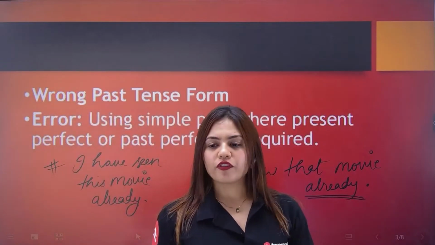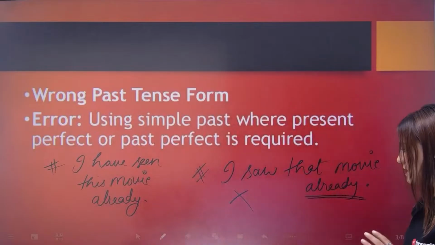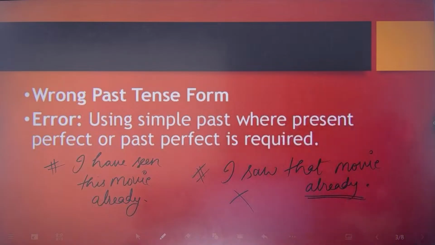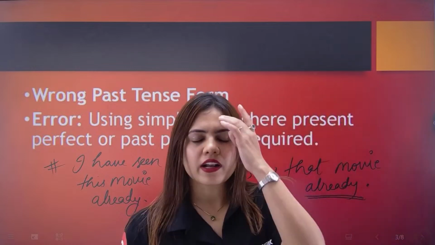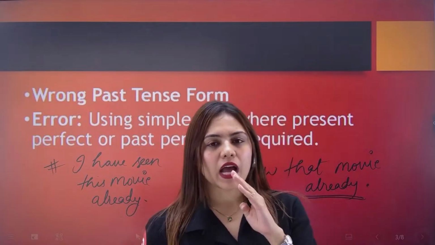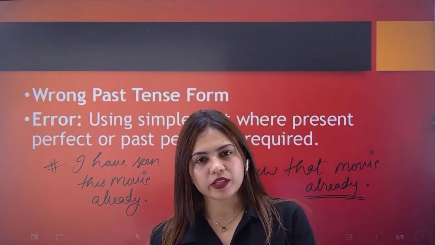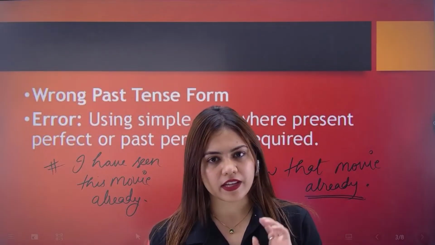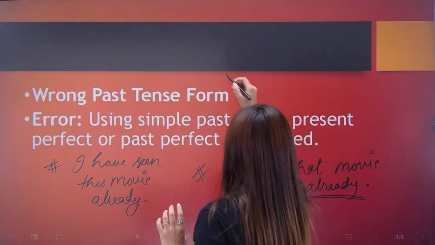Always be careful of time expressions. I hope you can see this. Otherwise, I'll use a different color. Yes. Another example could be she left before I arrived. Always remember that if there are two actions happening and one action is happening before the other, the first action would always be in past perfect tense. So I'm giving you another example here.